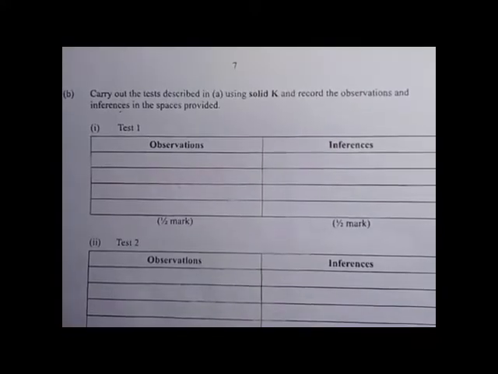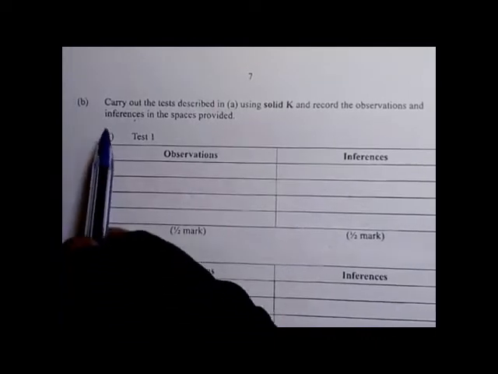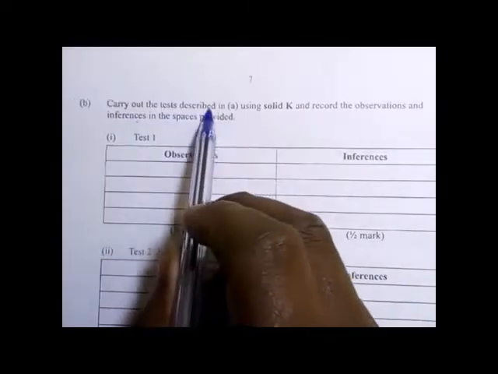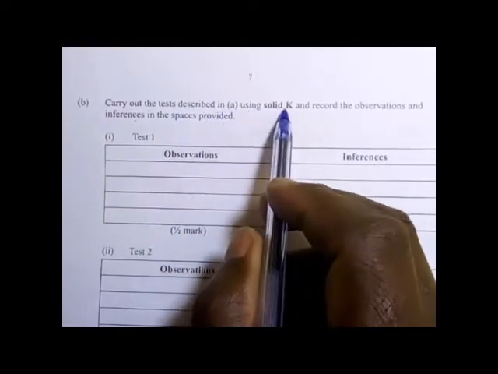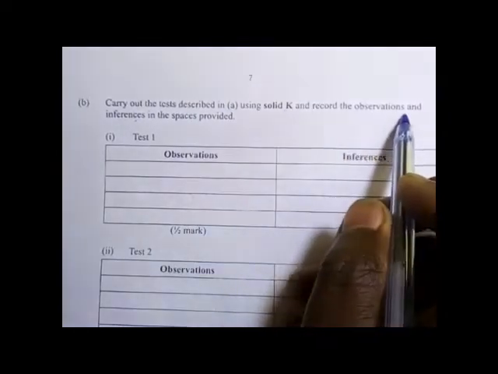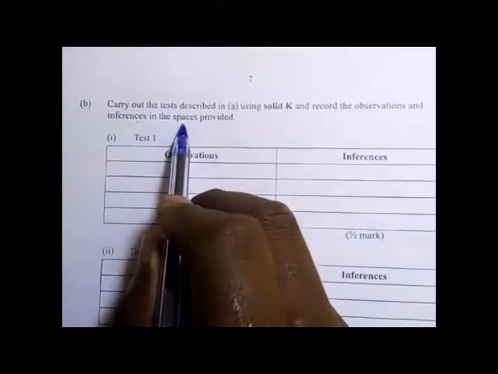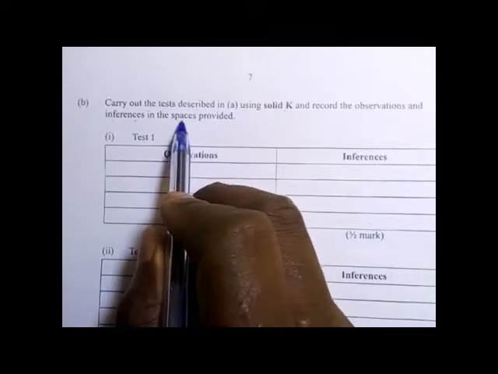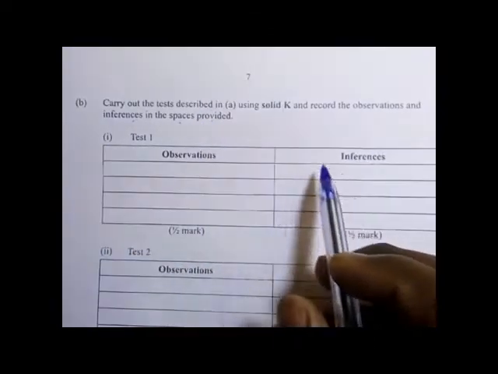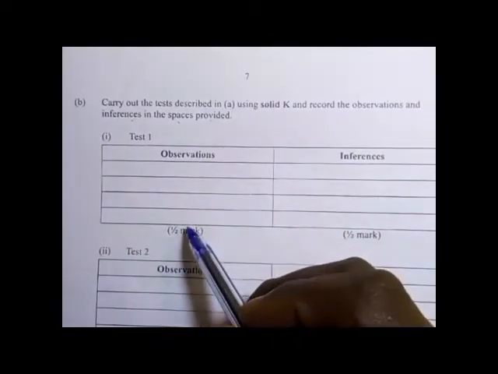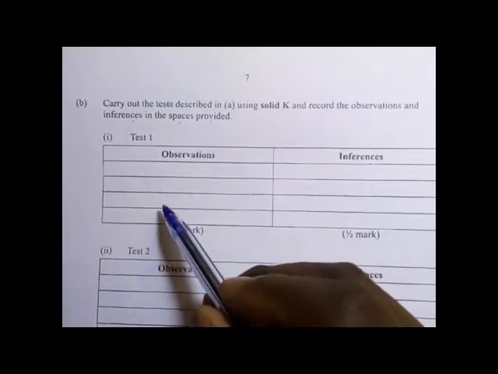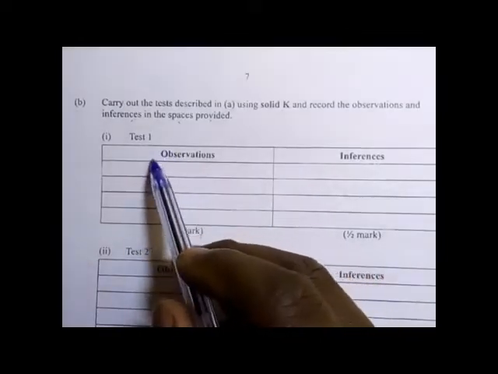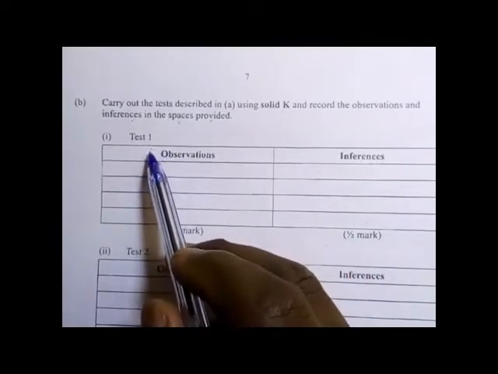Now, part B: carry out the test described in A using solid K and record the observations and inferences in the spaces provided. Here the students were required to carry out the experiment using the tests they had described.